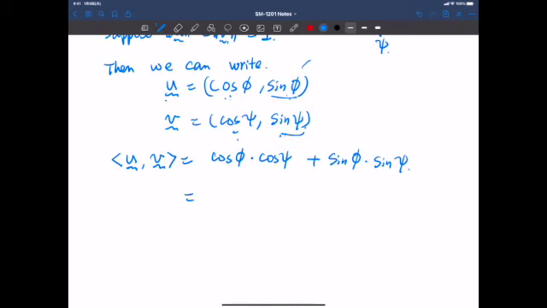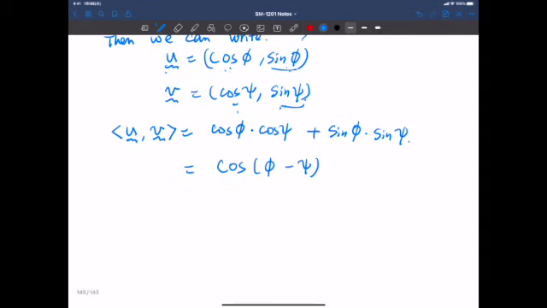And using the formula for addition of angles, this is cosine of phi minus psi. But the difference between phi and psi is theta.